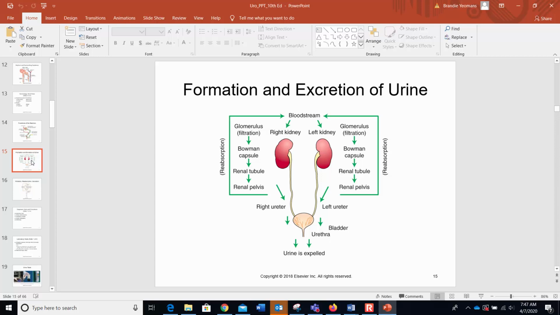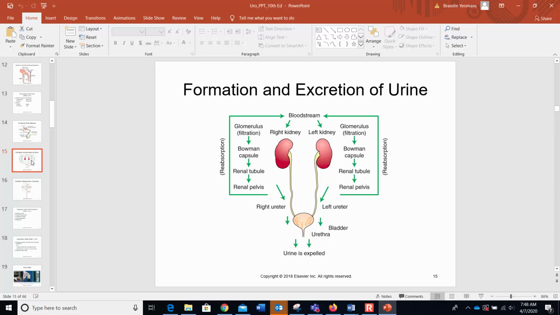But this is increasing the reabsorption of water by those renal tubules within the inside of those kidneys. We also talk about the term micturition, and voiding. Those are other terms for urination or peeing. That's just very important that you remember those particular terms.